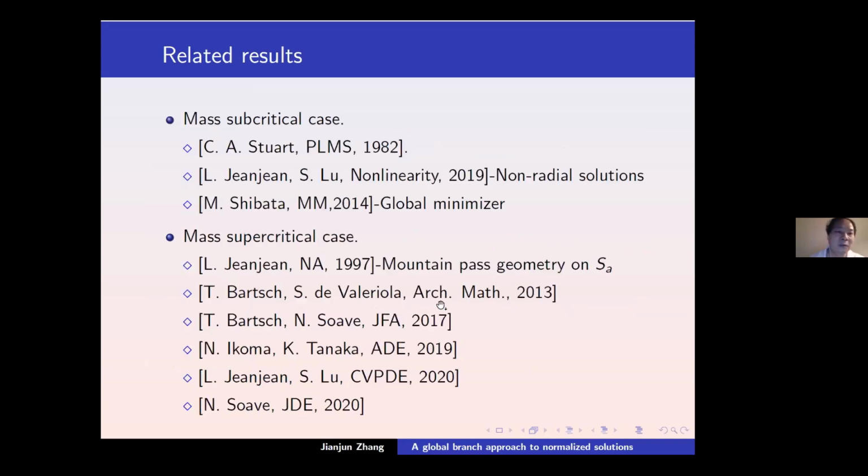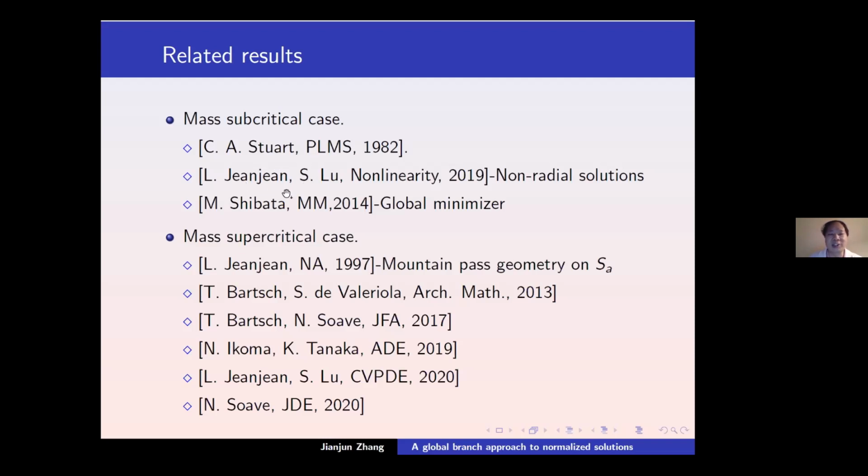So in the following, we mention the following references for the related results. For example, Stuart first considered the mass subcritical case, and he proved the existence of a normalized solution in the mass subcritical case.